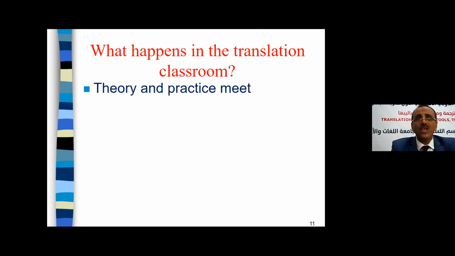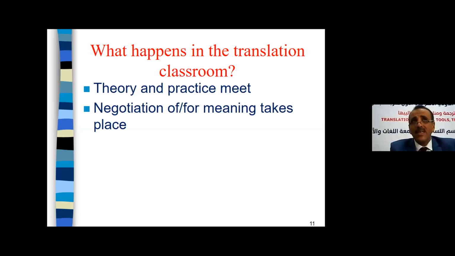They meet and share ideas, share knowledge, share techniques, share ways of matching each other, ways of sorting out any tension between them, and ways of compromising between theory and practice. And that's why we say translation classroom is a place where these two things meet.